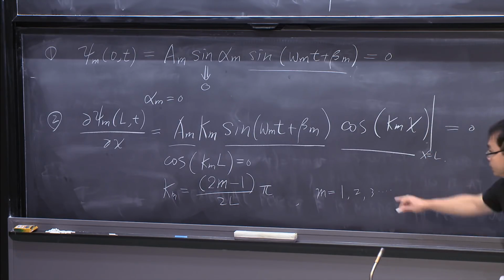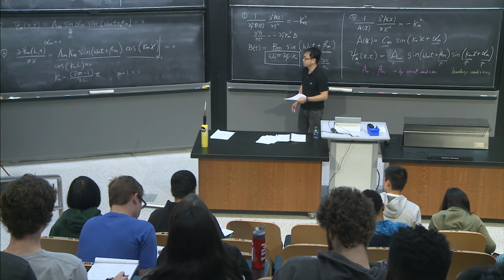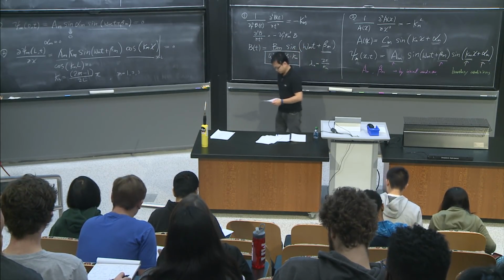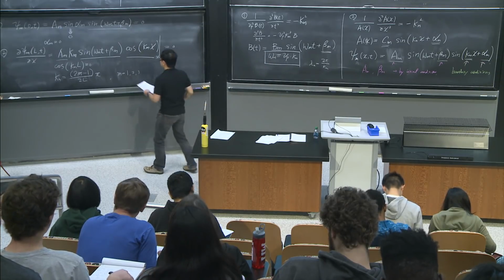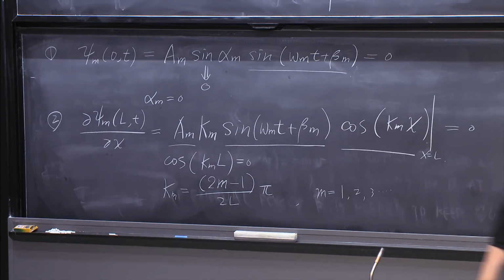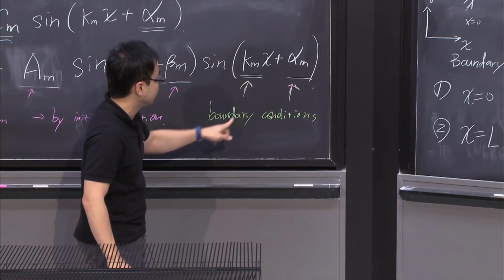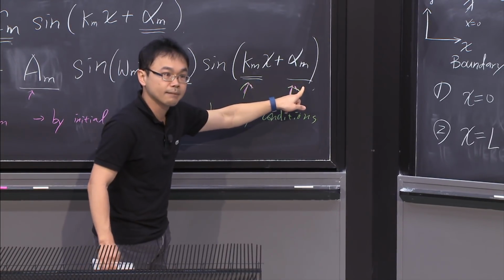And you can see that there are many, many different solutions. Okay? So you can see that, as I mentioned before, the boundary conditions determine kn and alpha n, right?